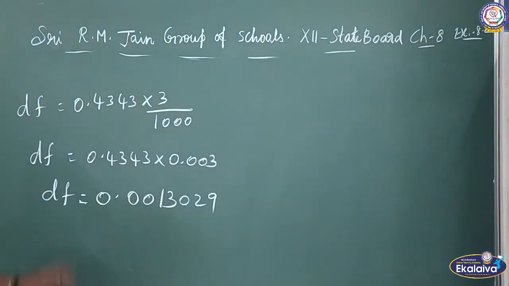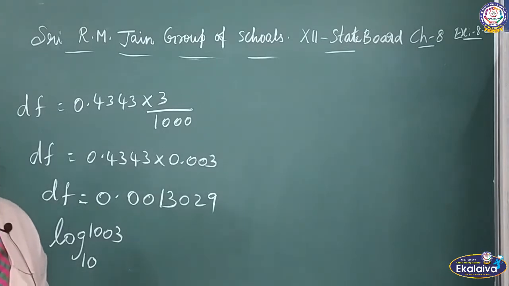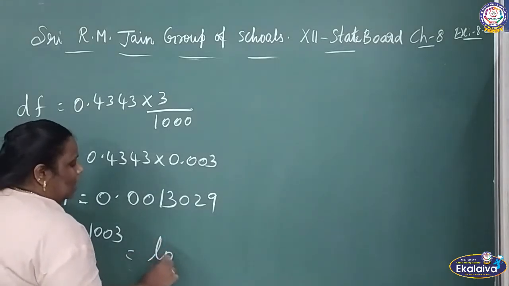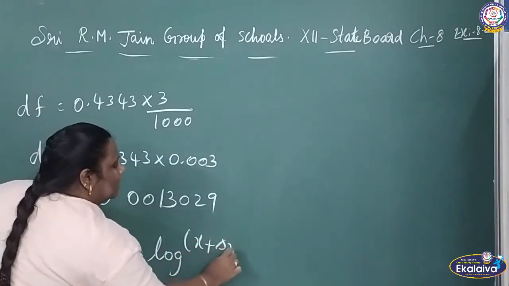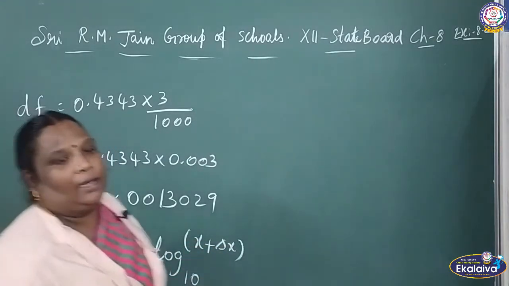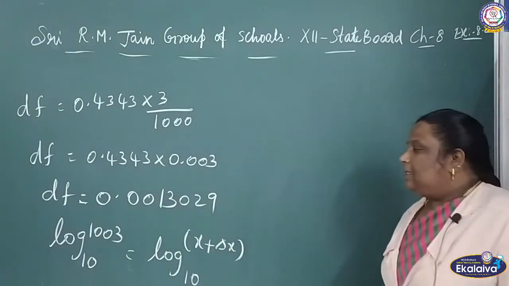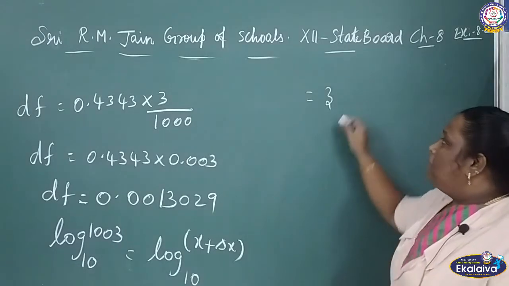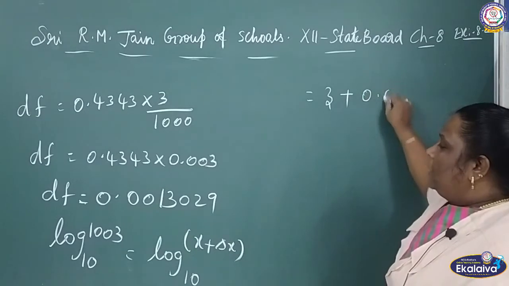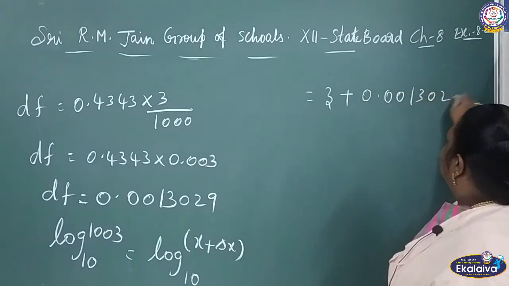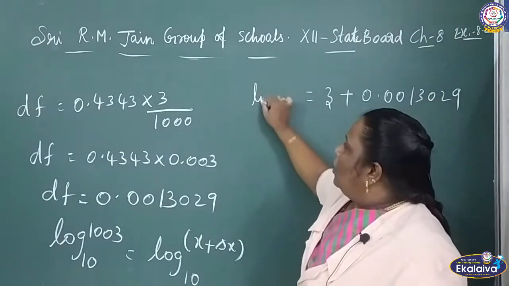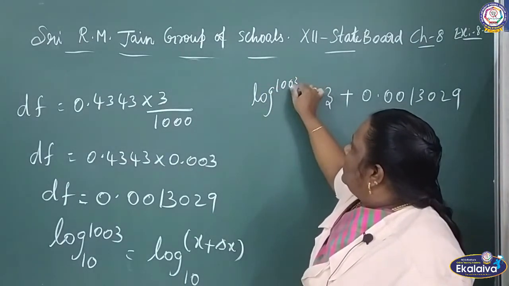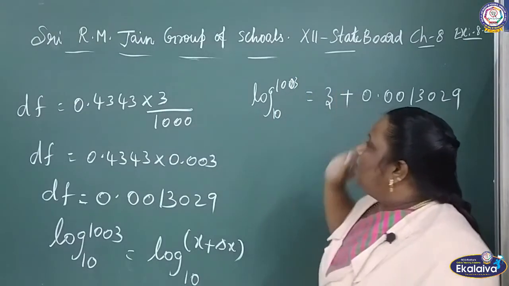So, what is the first one? You should find out the value of log of 1003 base 10. It gives log of x plus delta x base 10. What is the value for this? See here, f of x plus delta f, 3 plus 0.001329, log of 1003 base 10.